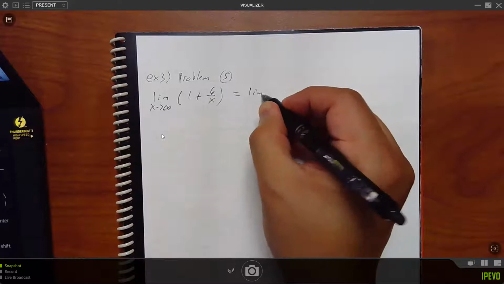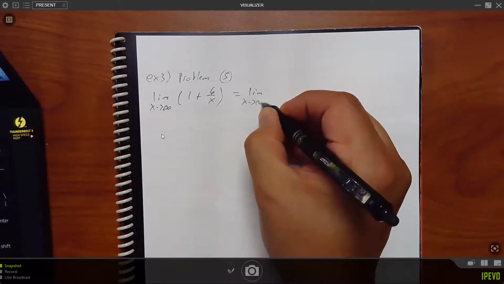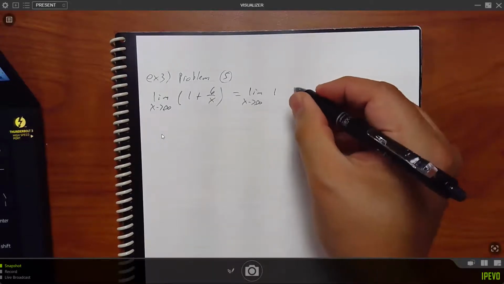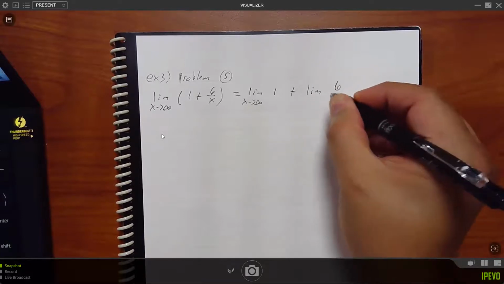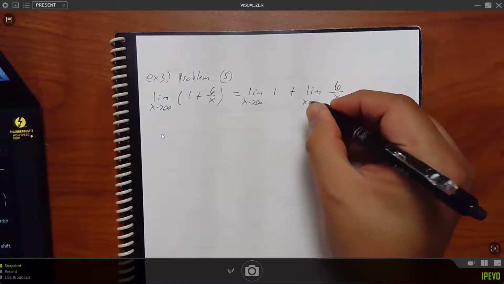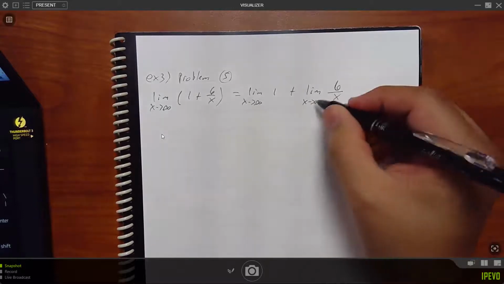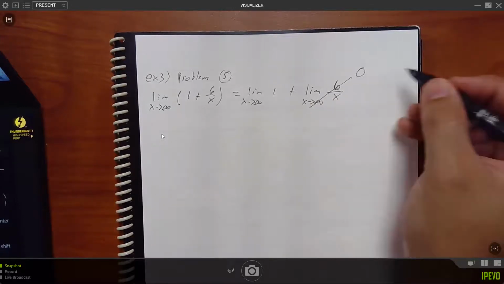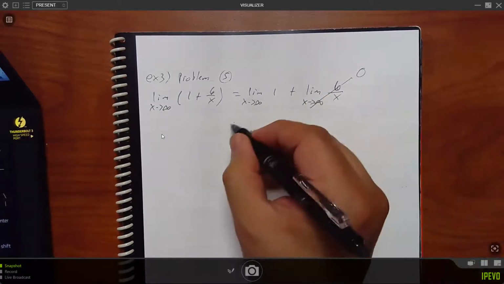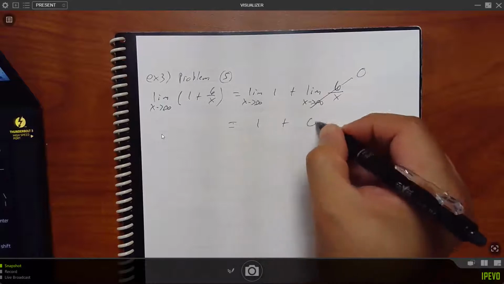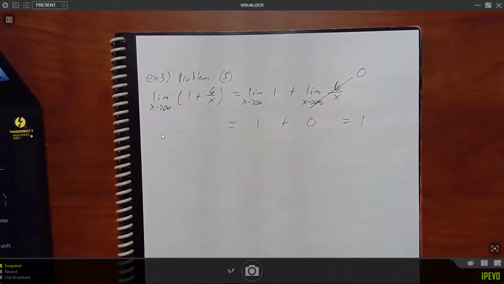Think of it as two separate limits. Remember I gave you those rules for limits? You can separate them. So when you take this limit, this will go to 0, and this will be just the 1. So nothing too crazy, right?